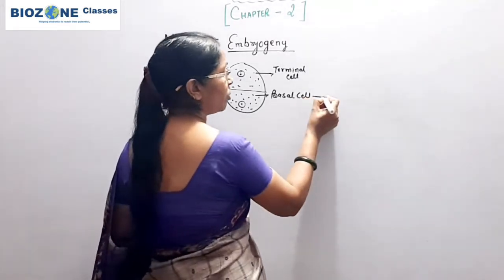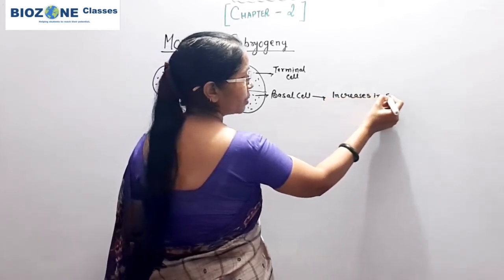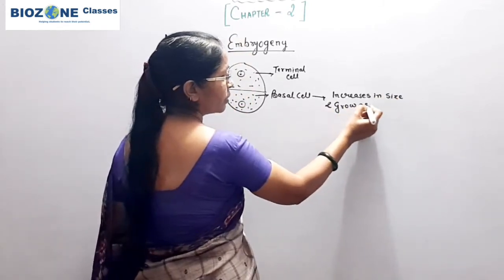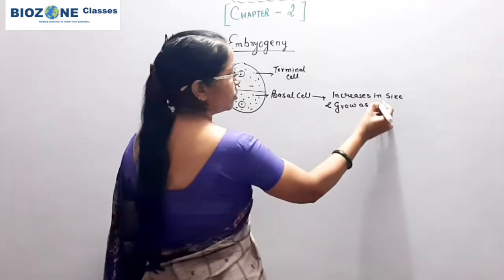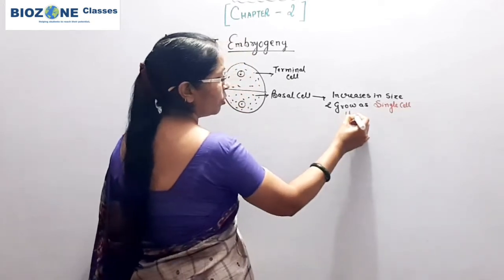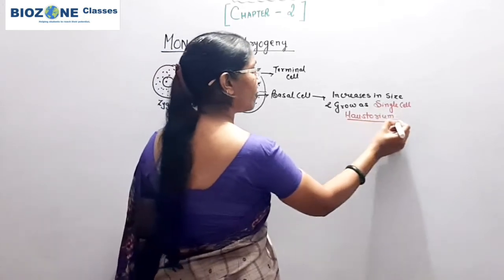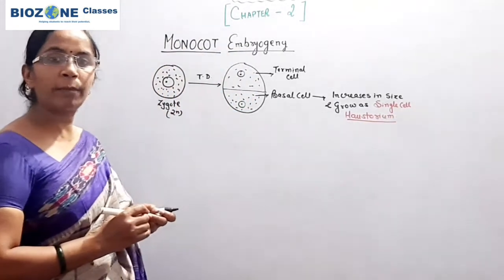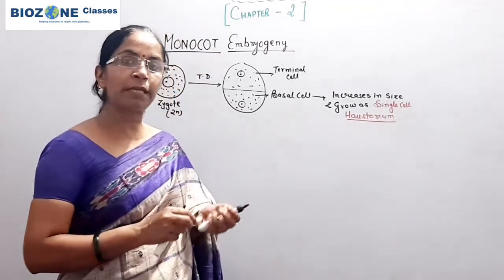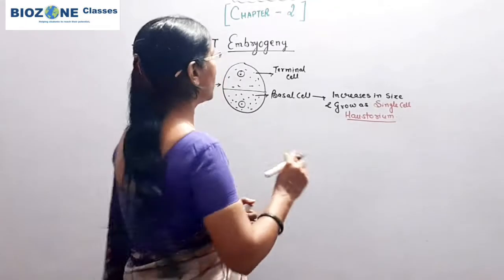Only this basal cell increases in size and grows as a single-celled haustorium. So this is the main difference. In monocot, the basal cell develops into haustorium, and in dicot, the basal cell develops into the suspensor, because the basal cell of dicot undergoes regular transverse division.